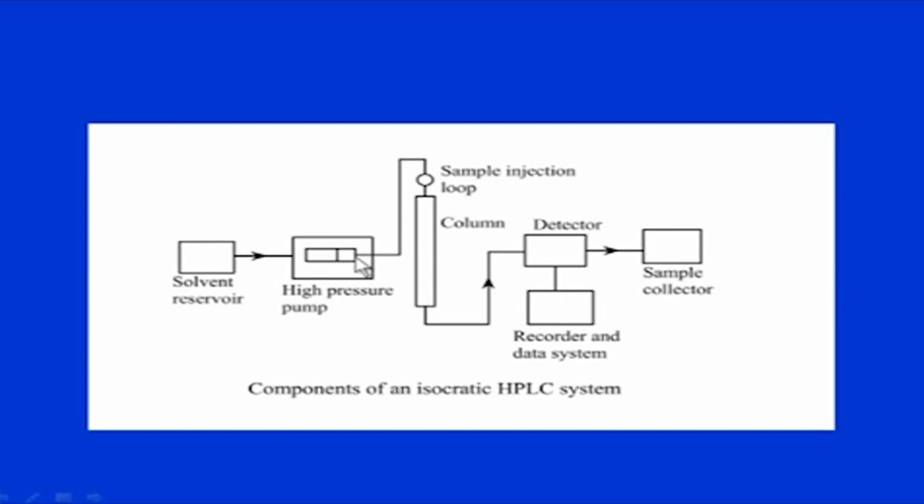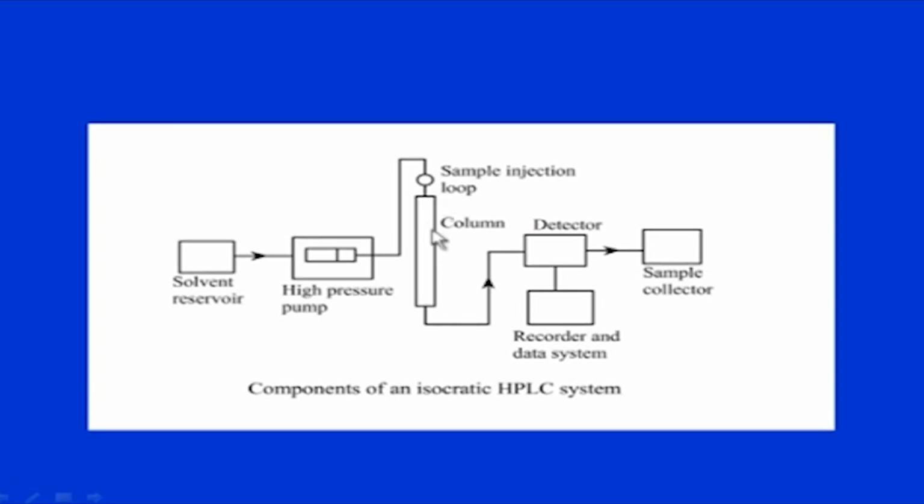From the pump, the solvent will be directed to the column. Many times there is a guard column here which cleans up the system, and remember all mobile phase has to be degassed and filtered, so that it does not precipitate things in there and lead to generation of high pressure because of choking of the column.